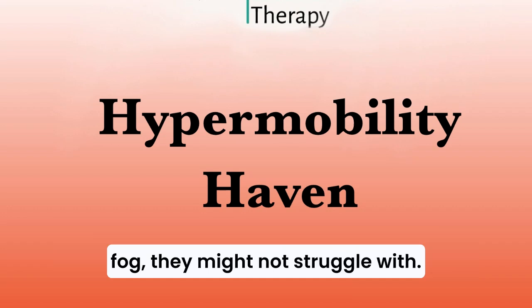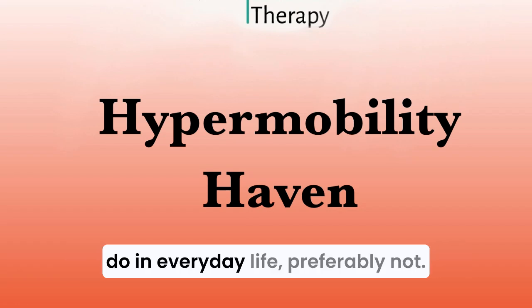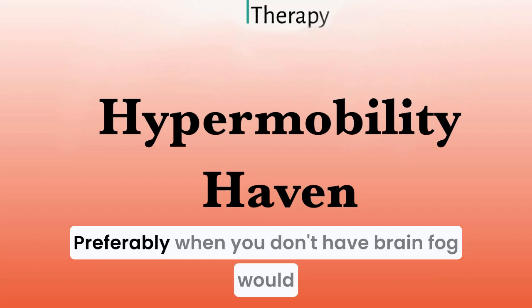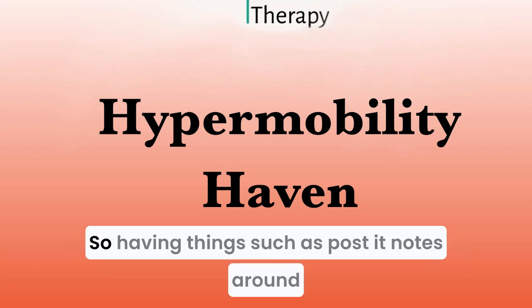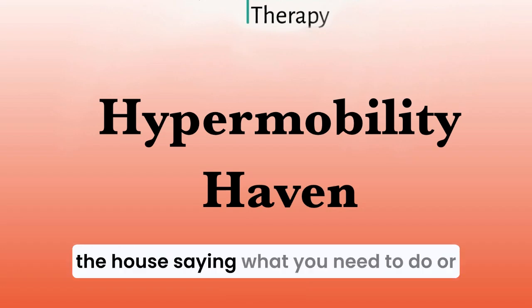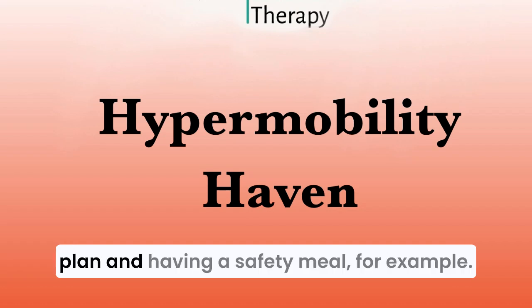So there are simple things people can do in everyday life, preferably when you don't have brain fog, as a helpful way to start. Having post-it notes around the house saying what you need to do or what you have done, or having a flare-up plan and a safety meal, for example.